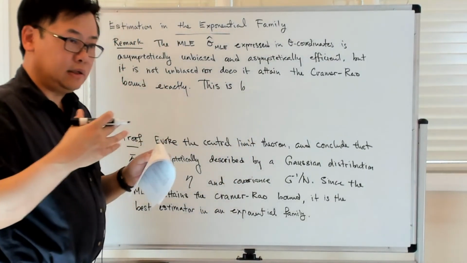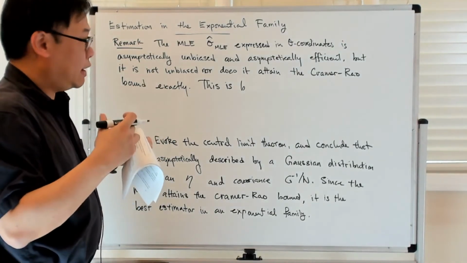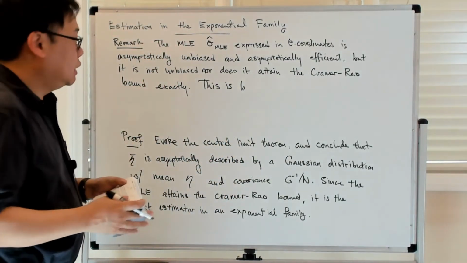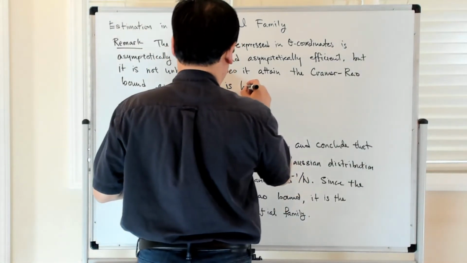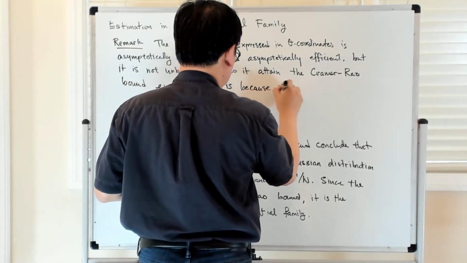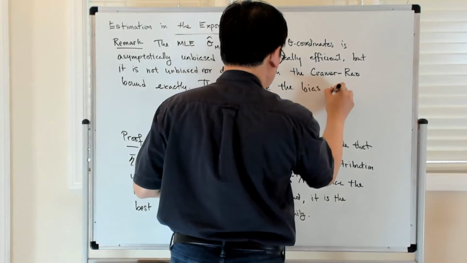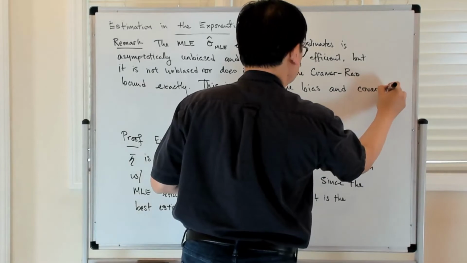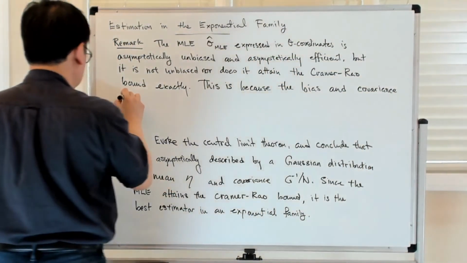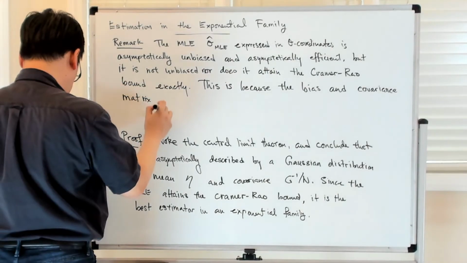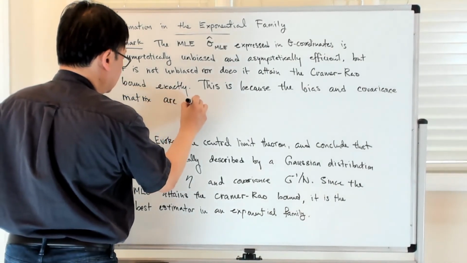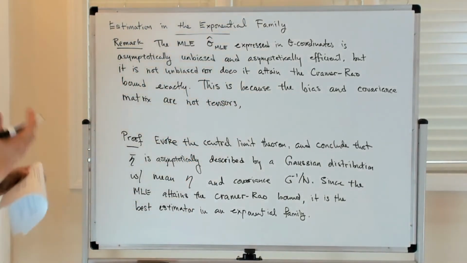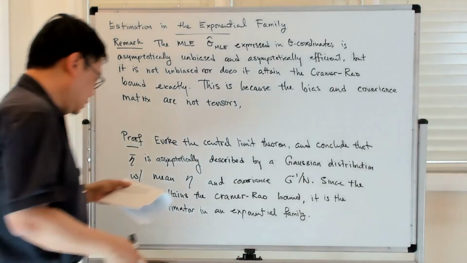More precisely, they don't transform like tensors. So it's not really an intrinsic object on the manifold. So their approximation properties depend on the choice of coordinates.